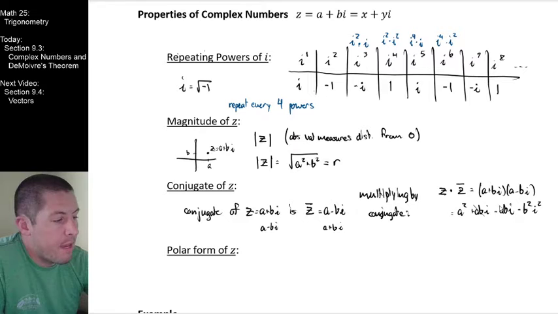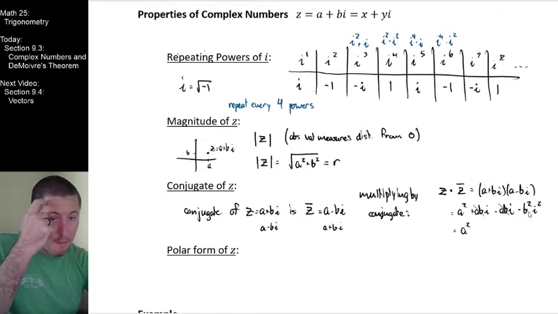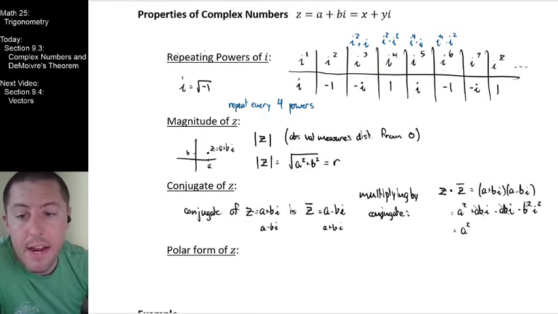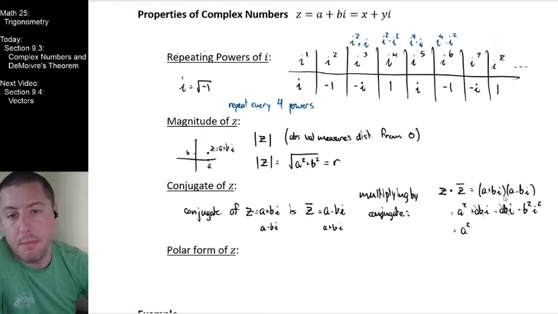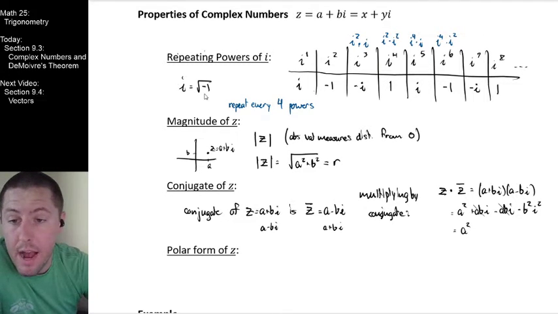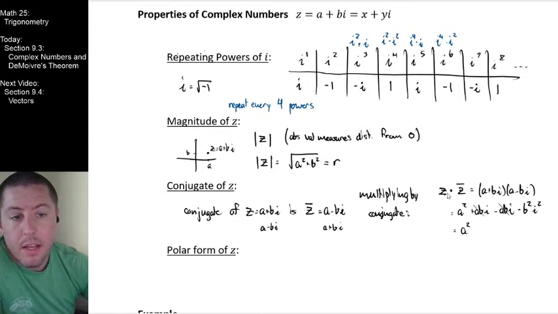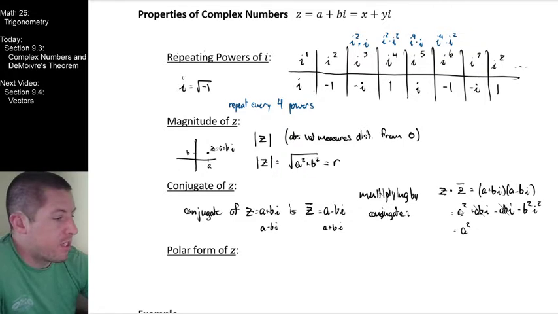One, abi and negative abi are going to cancel. And what do we get over here? Negative b squared i squared. Well, I know what i squared is. We talked about this a minute ago. Since i is the square root of negative 1, to square i just undoes the square rooting. We're just going to get negative 1. So this is really negative b squared times negative 1, which gives me positive b squared.